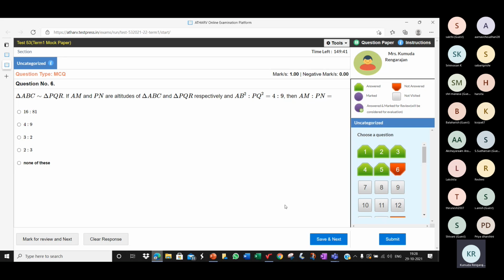All these will have the same ratio, that is, whatever is the ratio of the corresponding sides. All these ratios will be equal.